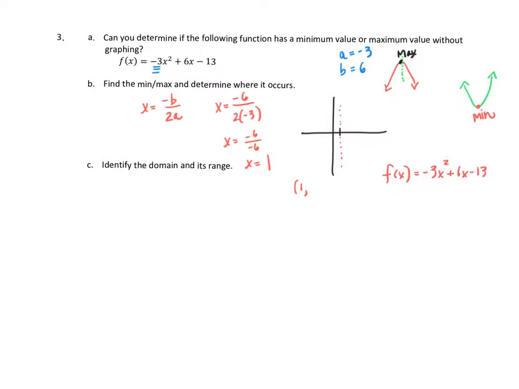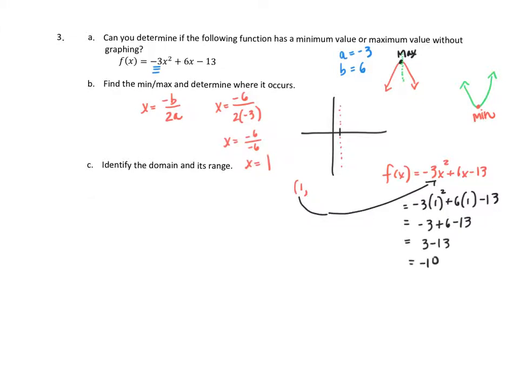And I'm going to now plug in 1. So I've got negative 3 times 1 squared plus 6 times 1 minus 13. So that's going to give us negative 3 plus 6 minus 13, which should give us a negative 10.